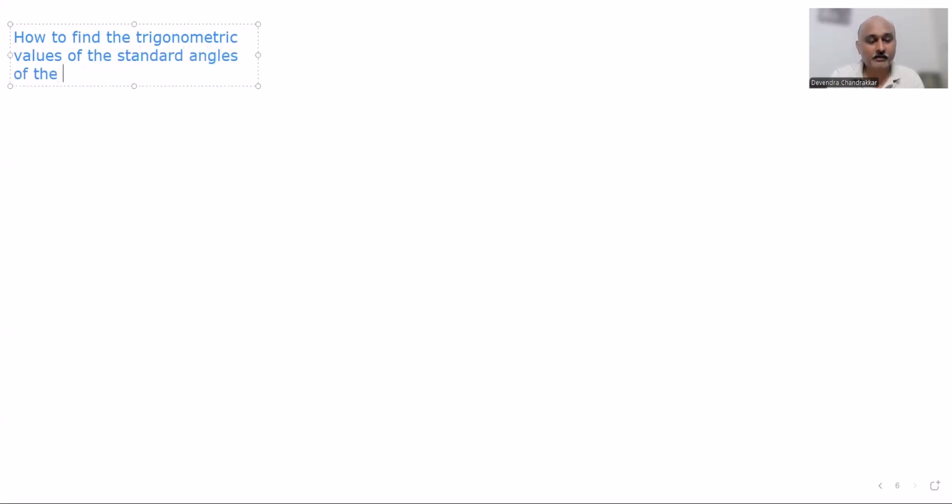Okay, how to find? So the question is, I'll give you a stepwise explanation of how to find the trigonometric values. We are interested only in sine, cos, and tan, right? Trigonometric values of the standard angles of the second, third, and fourth quadrants.